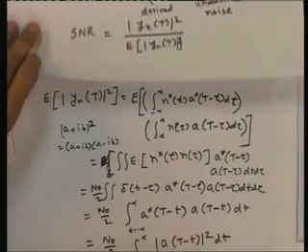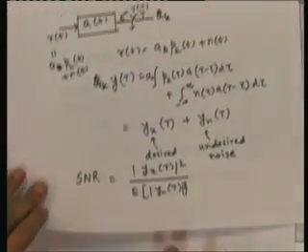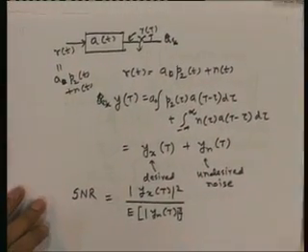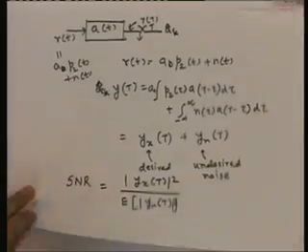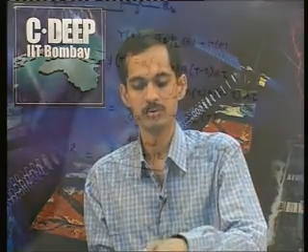So we have not finished proving matched filter is optimum in this class. That we will continue in the next class. What we have done in that direction is that we are assuming that we are transmitting only one pulse, one symbol, A times p1(t), and then we are receiving A times p2(t) plus n(t).